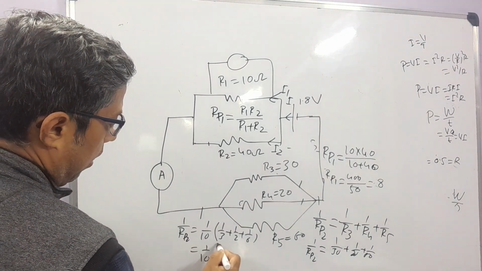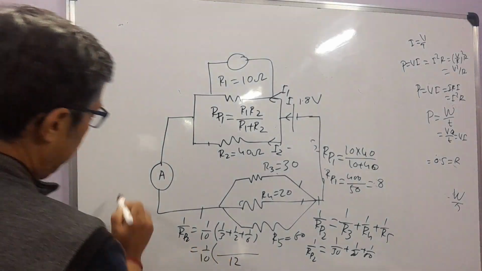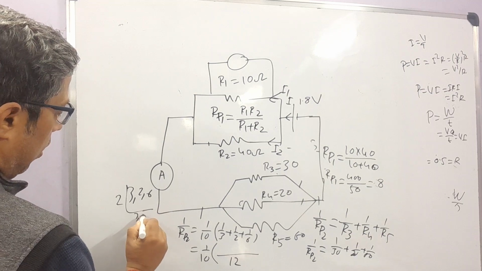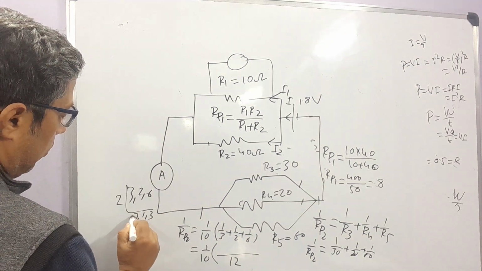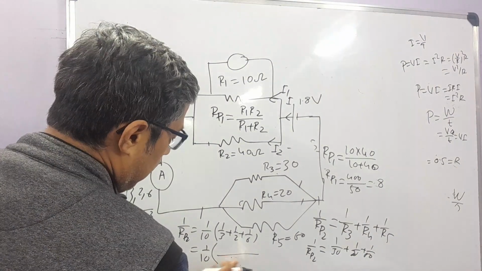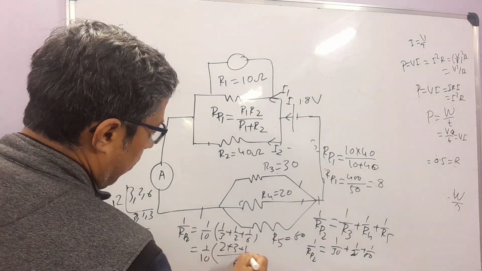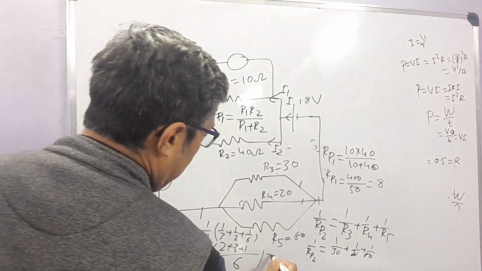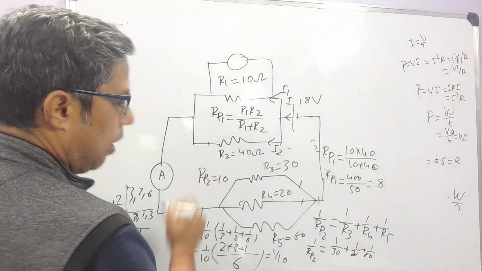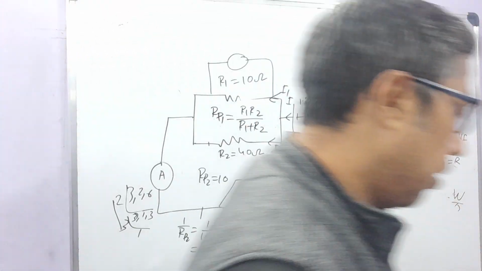So it will be 2 plus 3 plus 1 over 6, so 6 by 6. So the resultant is 1 by 10, so RP2 is coming 10. Clear? So now what will be the net circuit?